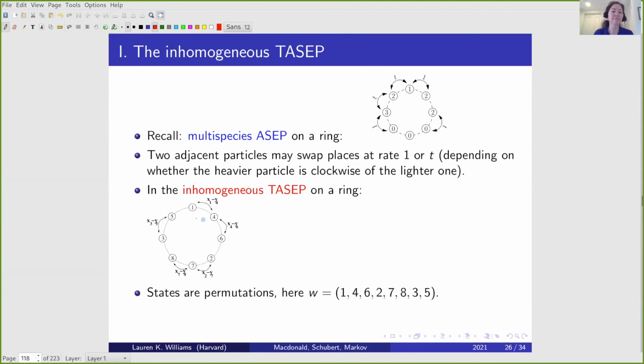And here, because I want to emphasize this connection with Schubert polynomials, I'm going to require that all the weights that appear are distinct numbers, because I want to identify my states with permutations. So here my state shown, if I cut my lattice right here, then I get the permutation 1, 4, 6, 2, 7, 8, 3, 5, and that's this.